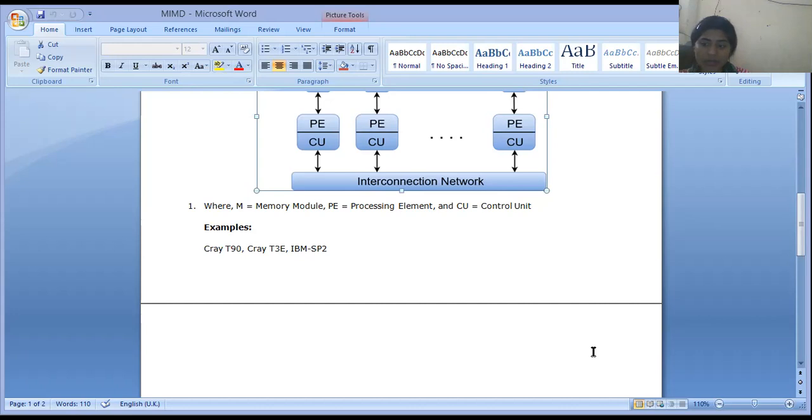Communication between the processing elements takes place through the interconnection network, the interprocess communication or IPC channel, which you may have read about in previous subjects like operating systems. The network connecting processing elements can be configured as a tree, mesh, or in accordance with the requirements.